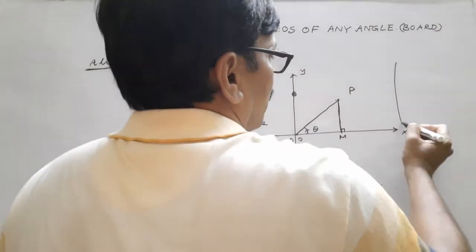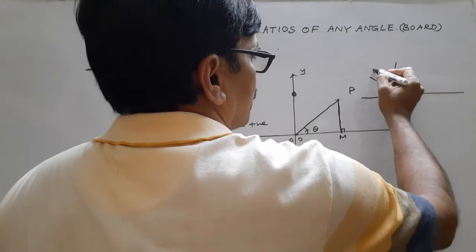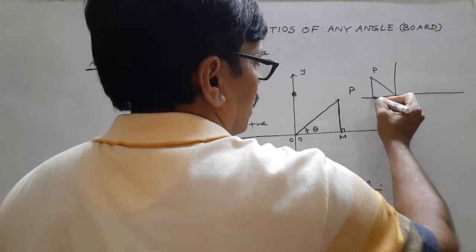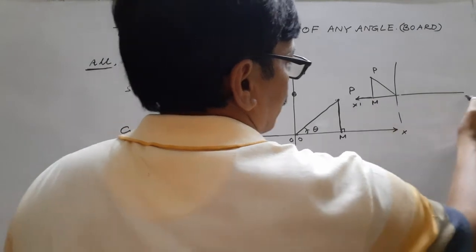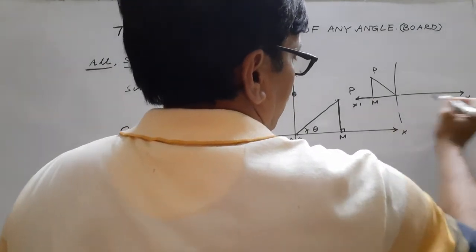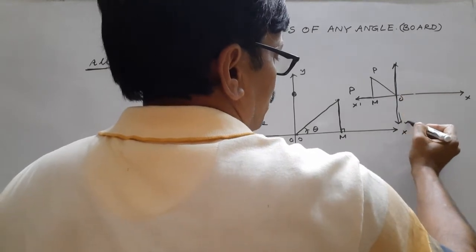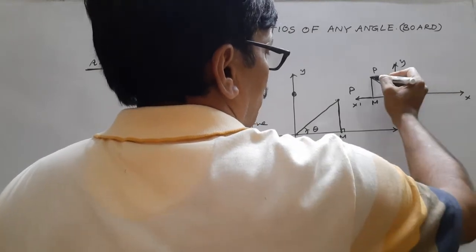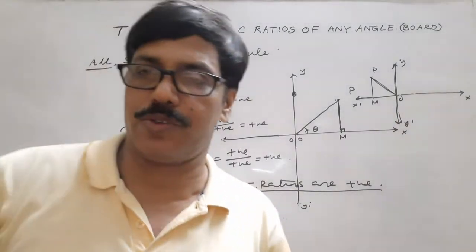Similarly, if it is in the second quadrant, this is P, this is M, X dash, this is X, O, Y. In this position, OP is always considered as positive.